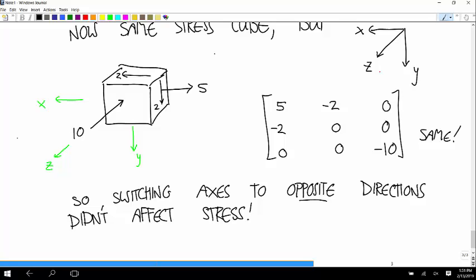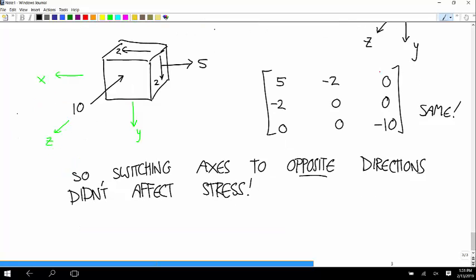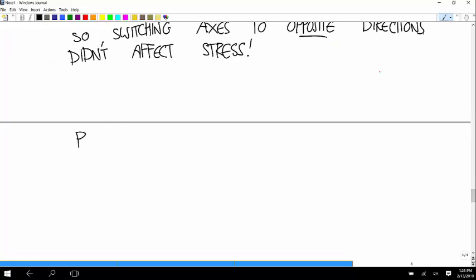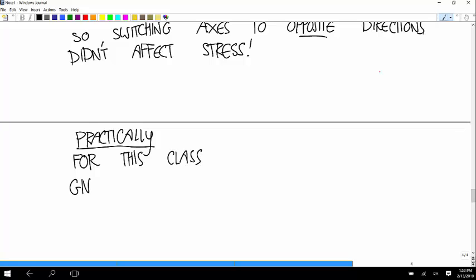Now give me 1 minute to sum this up, because all of this is kind of background information, because eigenvalues and stuff are going to be important to you going on. But practically speaking, here's what you need to know. Practically, for this class, you'll be given a stress tensor.